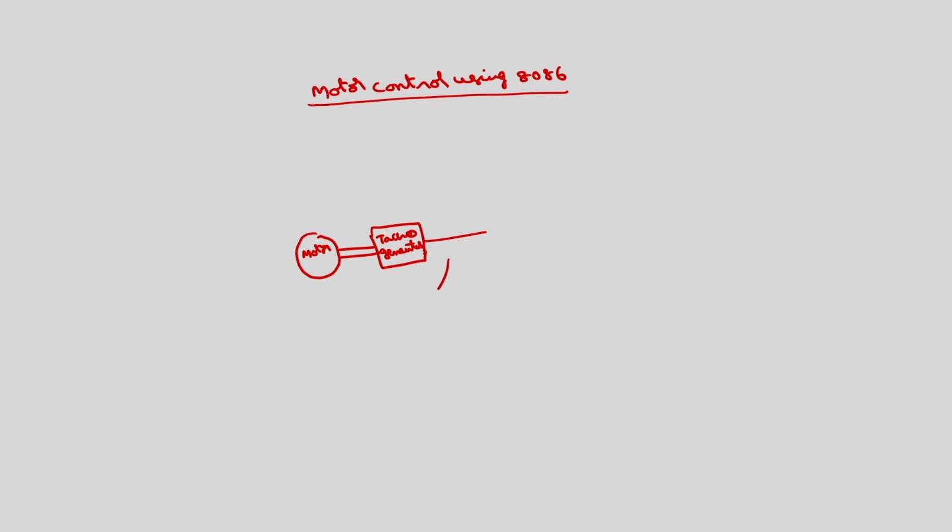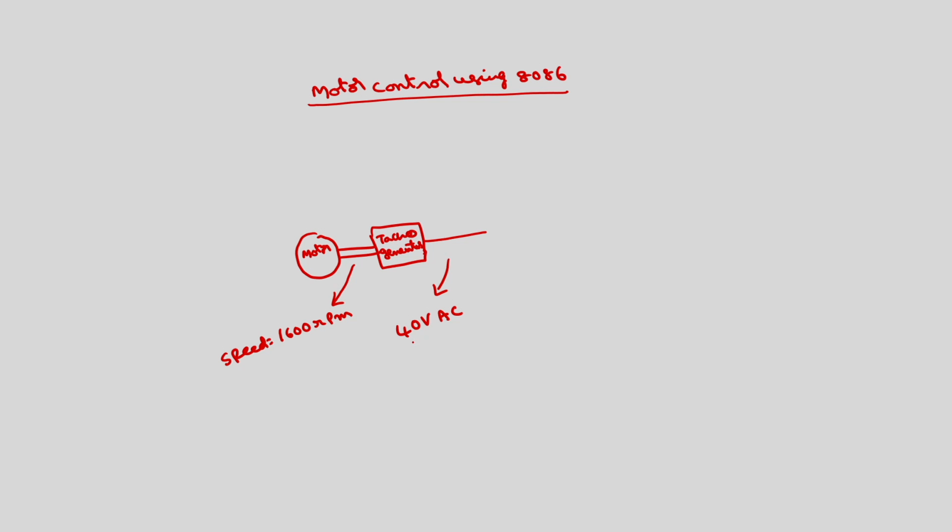This produces a voltage which is proportional to the speed. If this is 1600 RPM speed, here it will generate 40 volts AC voltage with the tacho generator.